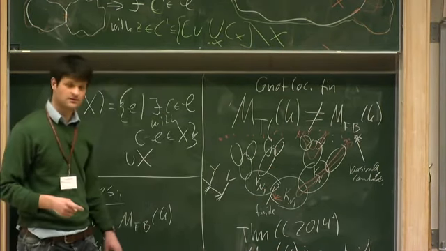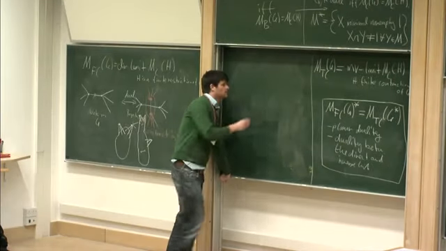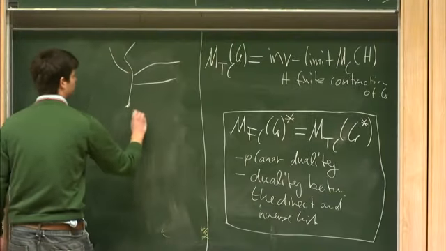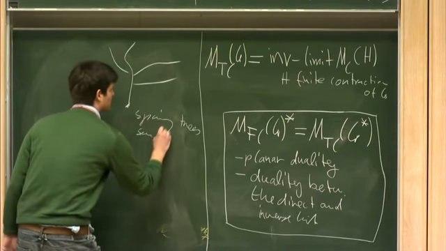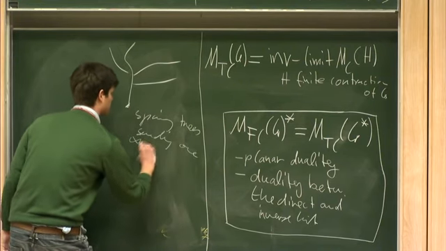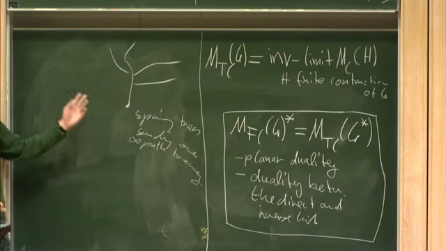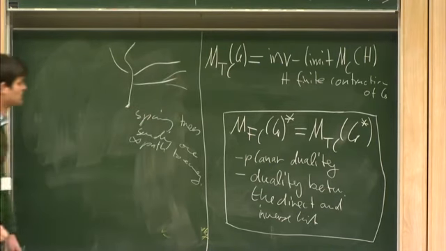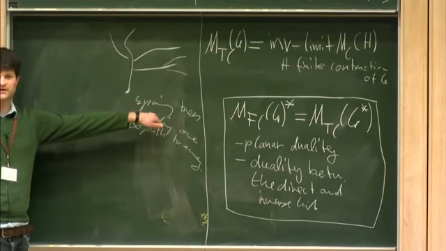So how usually bases look like are: you have spanning trees sending one infinite path to every end of the graph. Right? So this way you ensure that it does not contain any circuits. And these spanning trees are called end-faithful spanning trees.